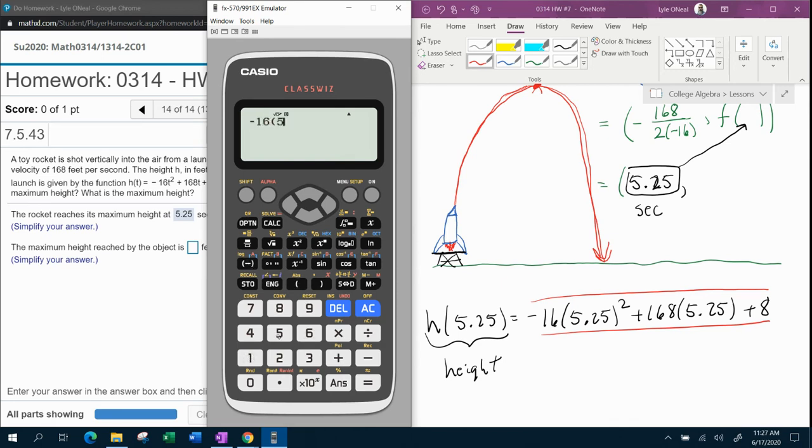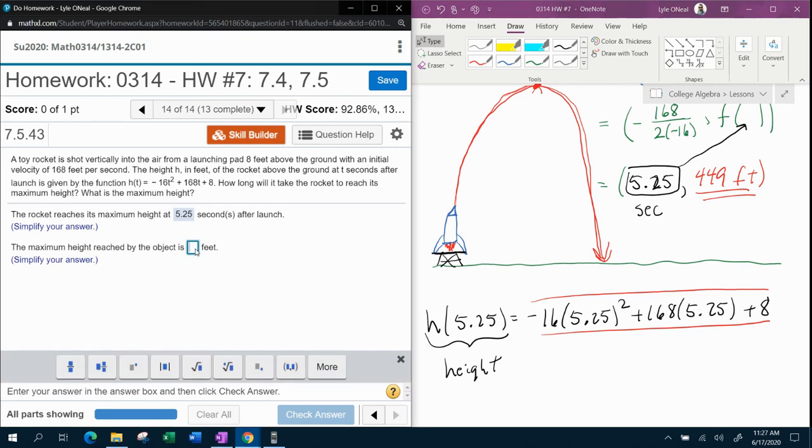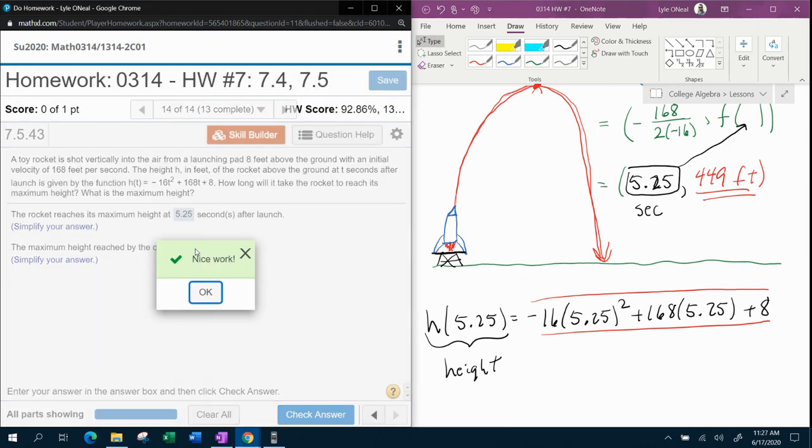Negative 16 times 5 1/4 squared plus 168 times 5 1/4 plus 8, 449. Okay, so 449 feet. That is the height measured in feet. 449. Bam. And we're done.